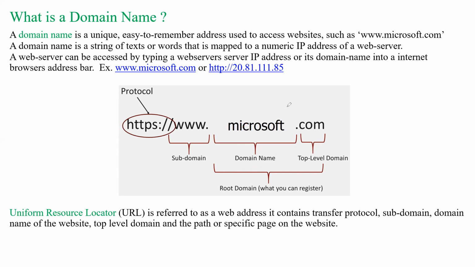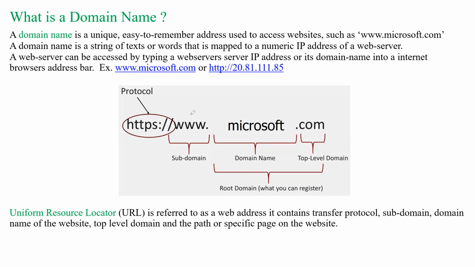It comes only the name, that is Microsoft or Google or Yahoo. All right. Further, we have that .com, .org, .IN. This refers to the top level domain name. Okay, so all the four put together, it becomes our URL.